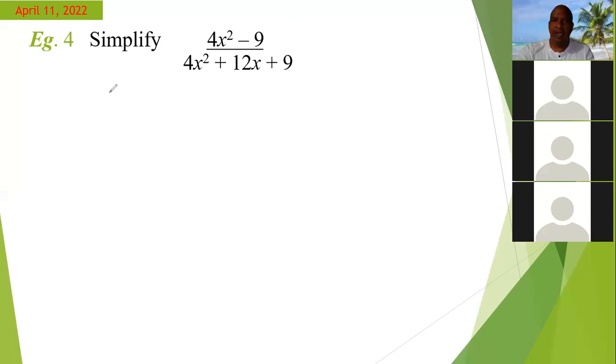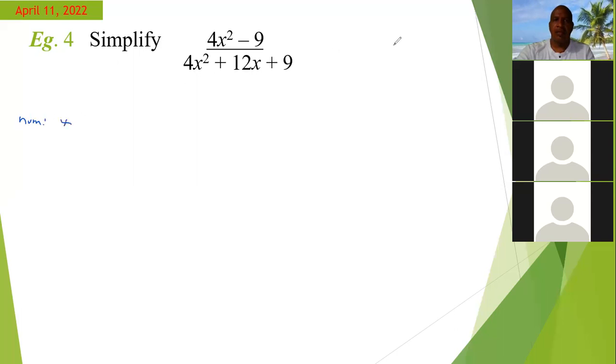So let us factorize the numerator and denominator separately and apart first. So for the numerator, what do you get? All right, so for the first part, sir, 4x squared minus 9, I'll break it down.